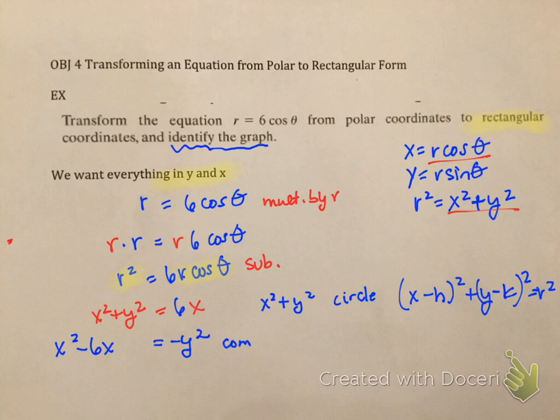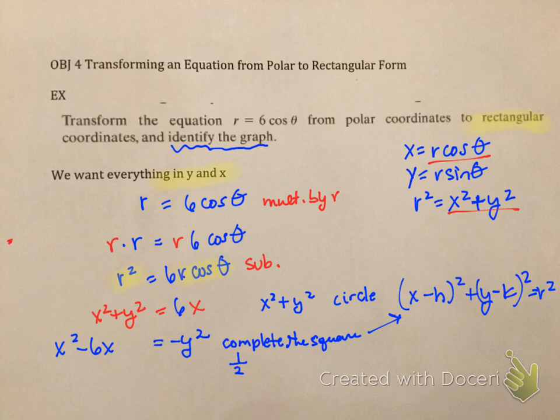Now I'm going to complete the square. The reason why I'm completing the square is because I want my equation to be in this formula. And in order to do that, I have to have a perfect square trinomial. That's what completing the square does, to allow me to write this up in that manner. So to complete the square, you're going to half your middle term.